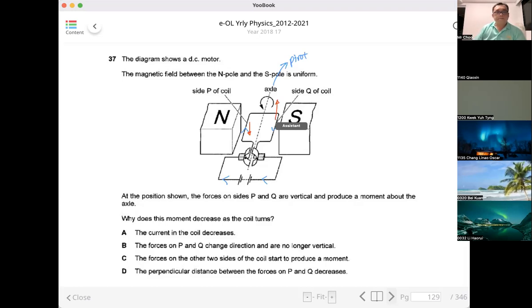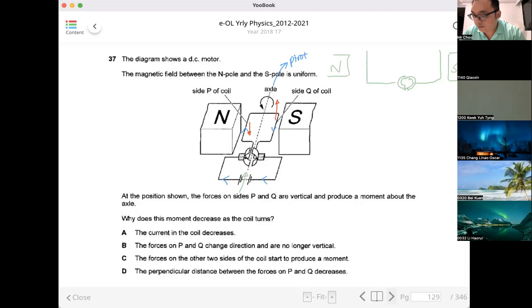Clear so far? Okay, so what are the different scenarios? If I look from this direction, you will see the circle, correct? Then you will see this thing going there and so on. And then there's a North Pole and a South Pole.